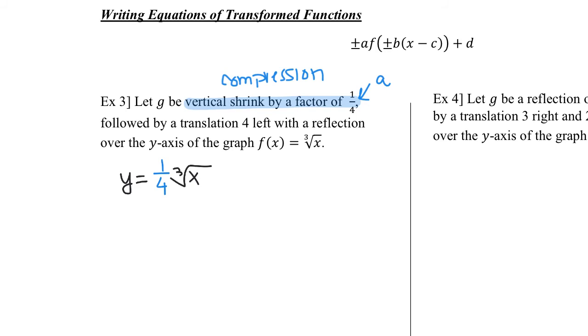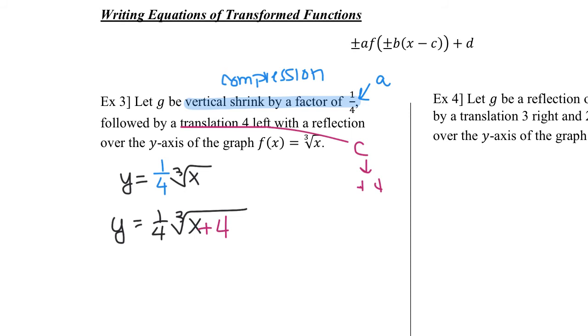Then it says followed by a translation left 4. Well, that translation left 4, that's your c, because it's left and right. Since it's left 4 though, that really means you're going to do plus 4 in your equation. So now we have y equals 1/4 times the cube root of x plus 4, because it only affects what's underneath, not the entire function.